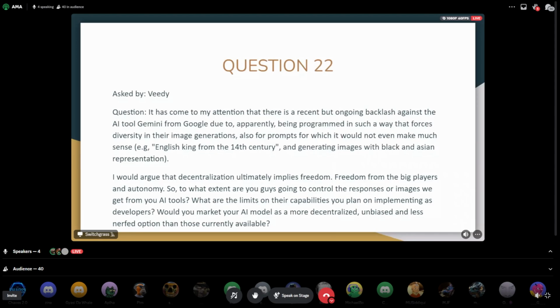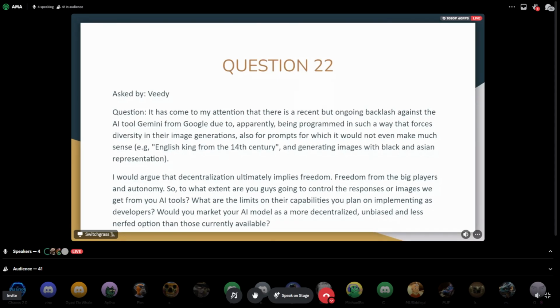He says, I would argue that decentralization ultimately implies freedom from the big players and autonomy. So, to what extent are you guys going to control the responses or images we get from your AI tools? What are the limits on their capabilities you plan on implementing as developers? Would you market your AI model as a more decentralized, unbiased, and less nerfed option than those currently available?